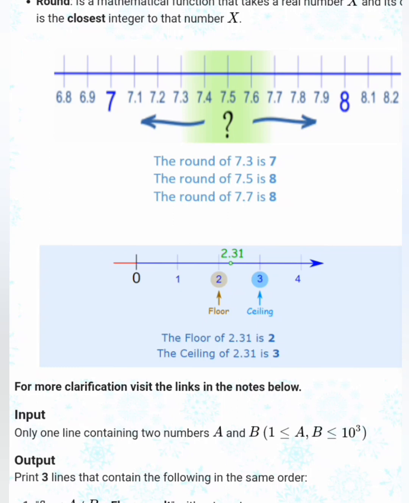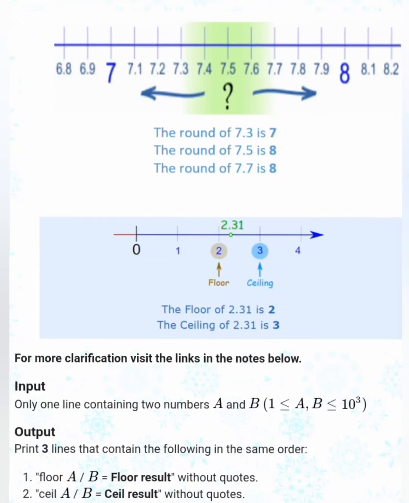And in the case of floor, if you input a number like 2.31, they give an example like that, the output should be 2.